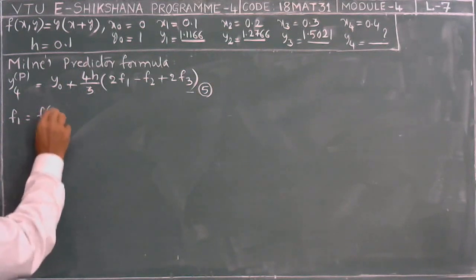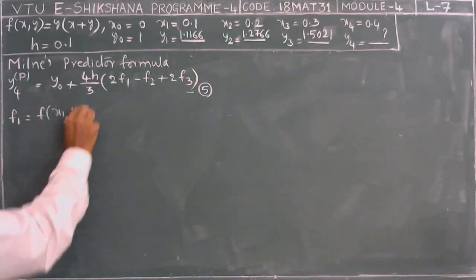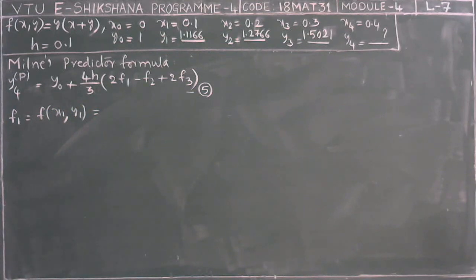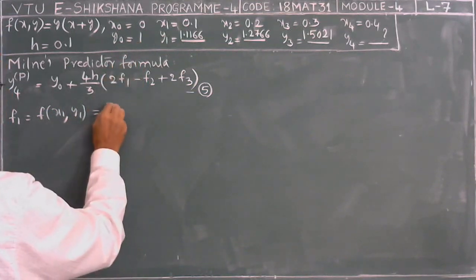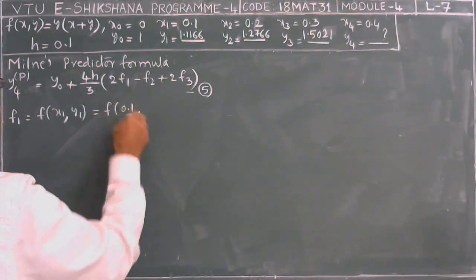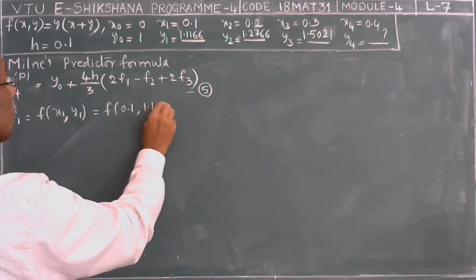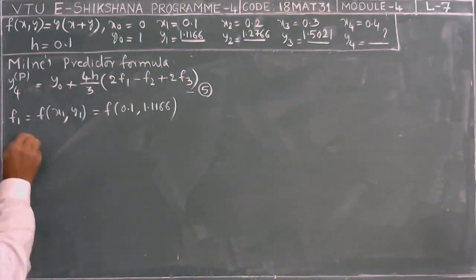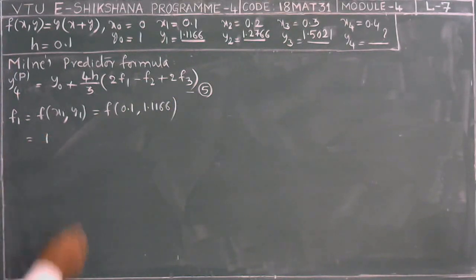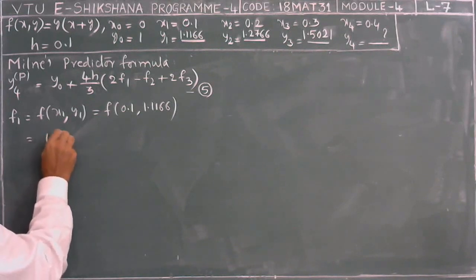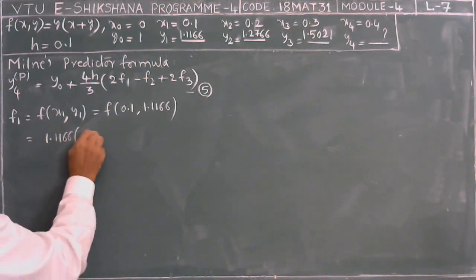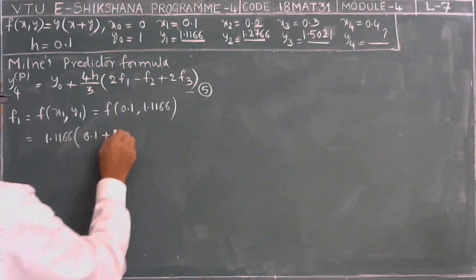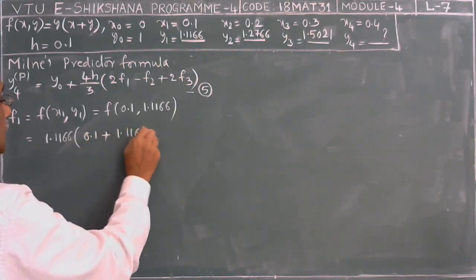f1 is f of x1 comma y1. What is x1? x1 is 0.1, so f of 0.1 comma 1.1166. Apply the definition. This is equal to y into (x plus y), so 1.1166 into (0.1 plus 1.1166).